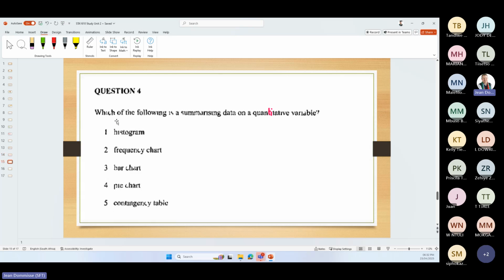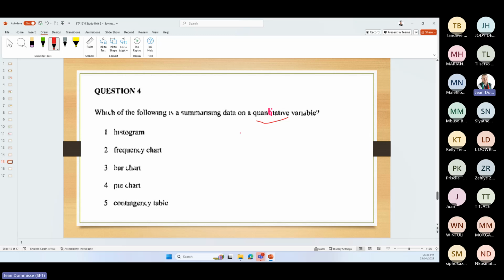Then, one of the questions in a previous exam paper, and I just added a bit to it: which of the following is summarizing data on quantitative variables? Remember, going back to study unit 1, quantitative is looking at quantity, so it could have been discrete or it could have been continuous.